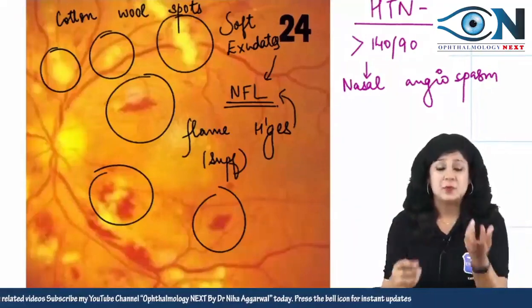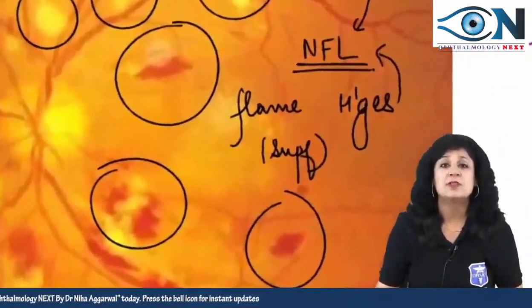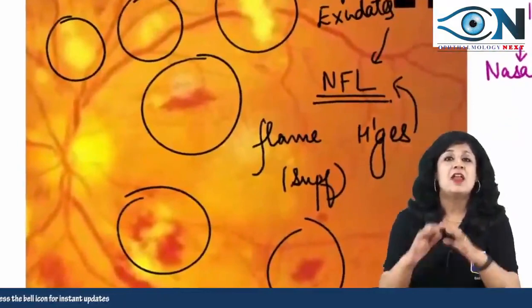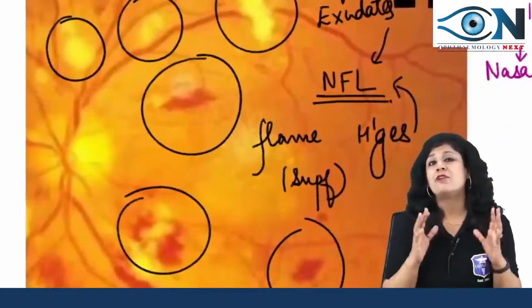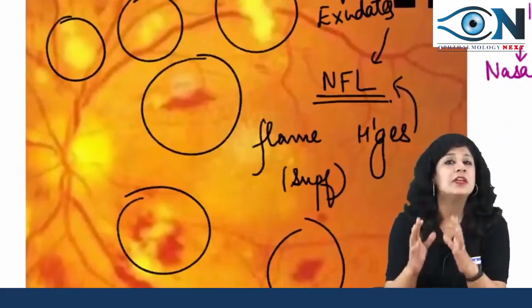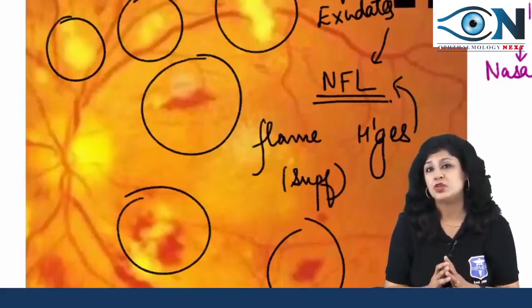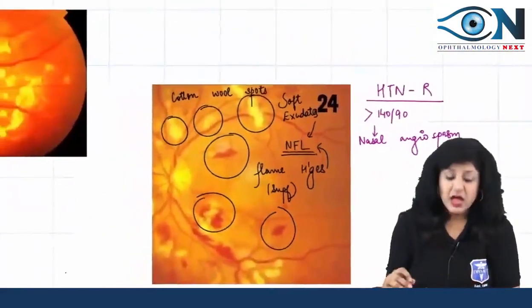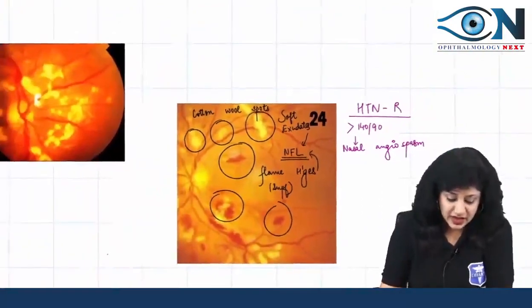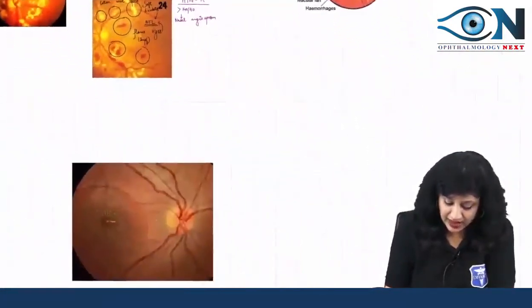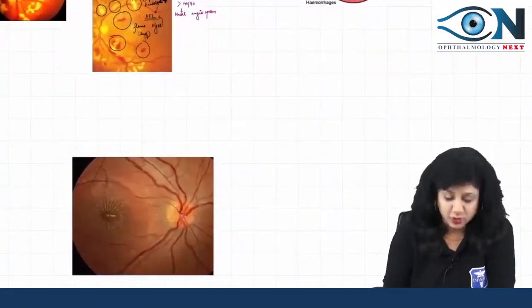Along with the attenuation, you can see the vessels are so much attenuated, very, very thin. Along with retinal edema, these are very prominent changes that you are going to get in a patient of hypertensive retinopathy. Now, how to differentiate these? We will have to see the other findings also.